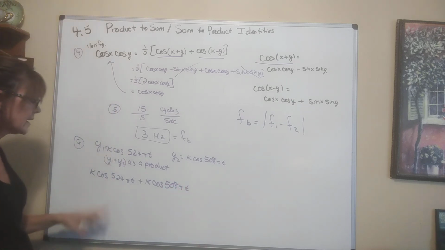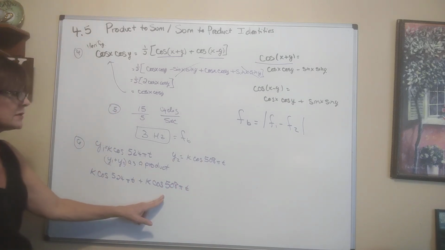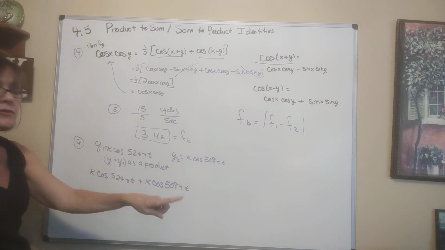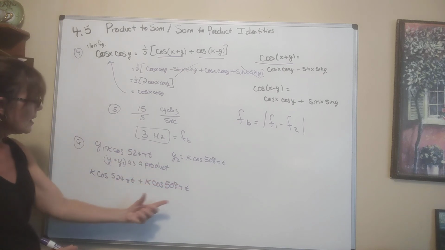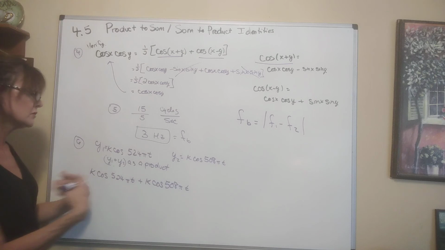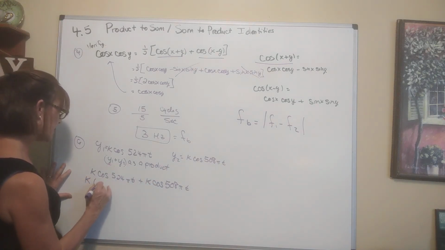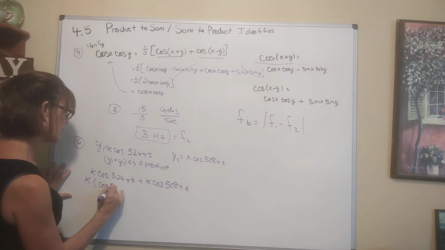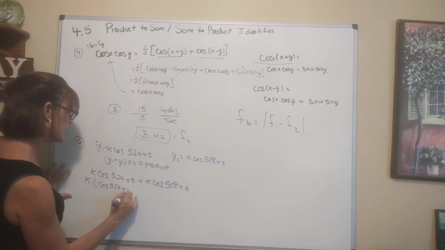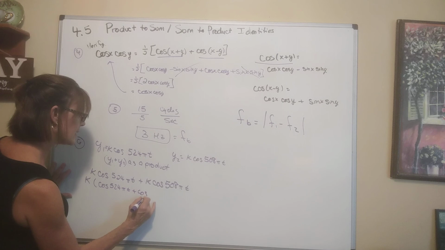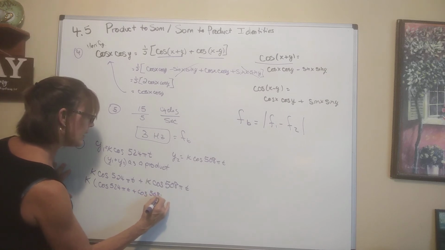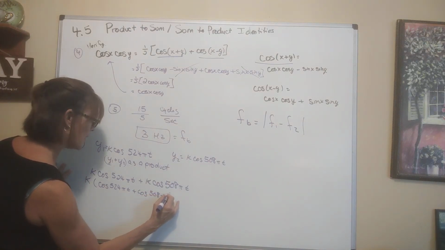So what we're looking at is the sum of two cosines, and we have an identity for that at the top of our sheet. They don't have this K on them, so I can just factor out that K. So I'm looking at K times the cosine of 524 pi t plus the cosine of 508 pi t.